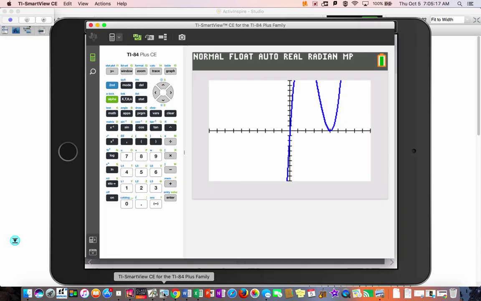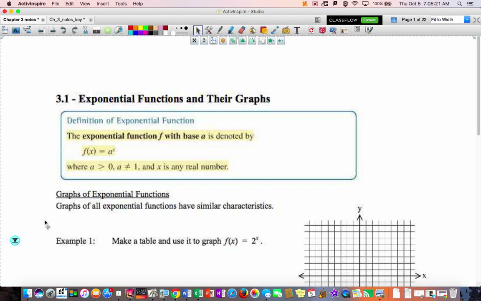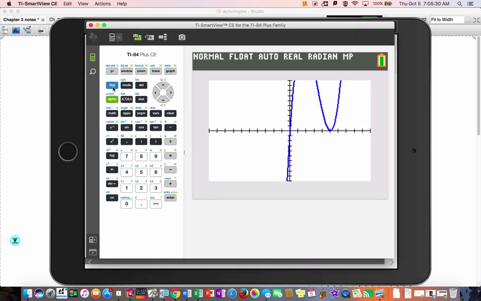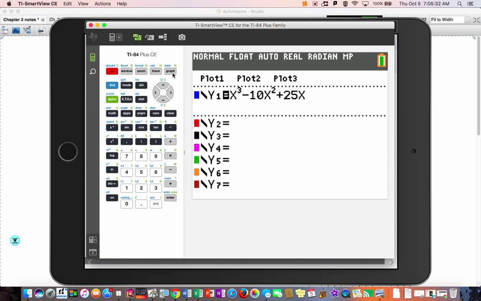So now we're going to flip over and look at our calculator. We're supposed to do 4 to the x. So we're going to do 4 to the x on the calculator. So go to your y equals, and we can clear this out. And a base of 4 raised to the x power.